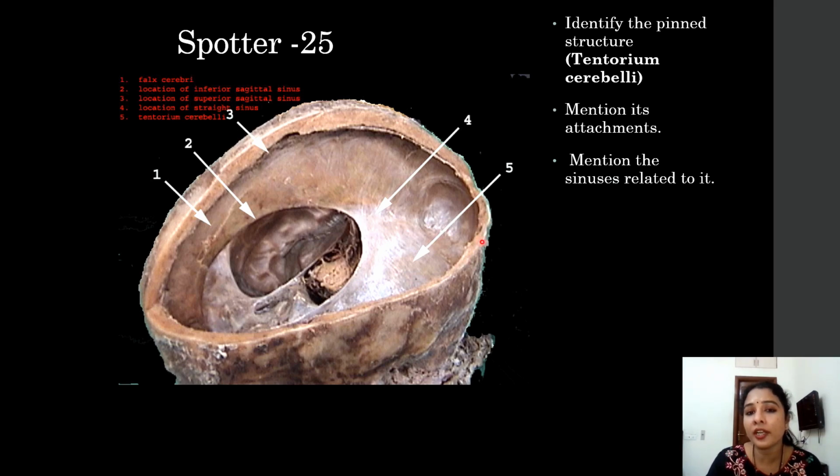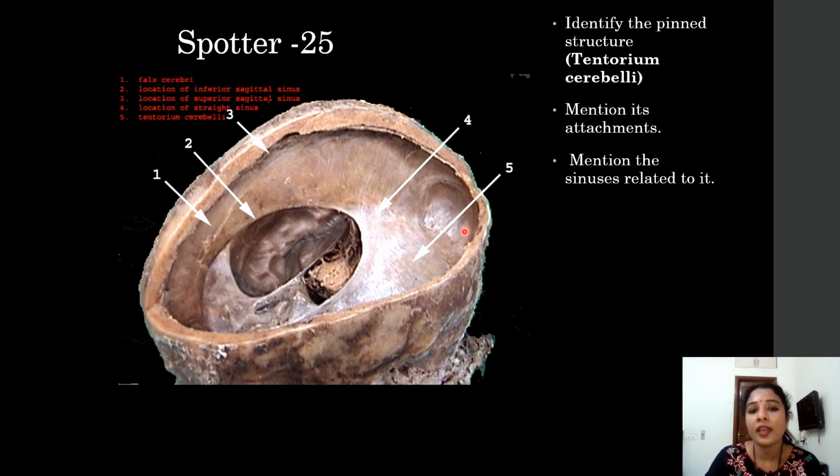Posterolaterally, on each side, posteriorly, it attaches to the transverse sulci, the lips of the transverse sulci, enclosing the transverse sinus on each side, right and left. The sinuses present in this fold of dura mater are, posteriorly, the transverse sinuses.